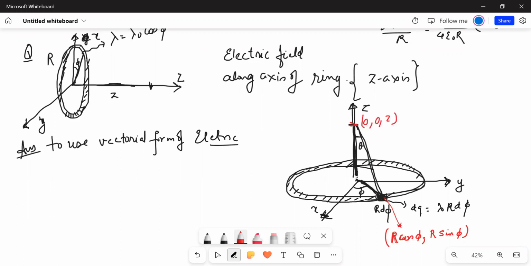And what would be this distance? This distance would be simply r cos phi i cap, and let's say I'm making an arrow in this direction.